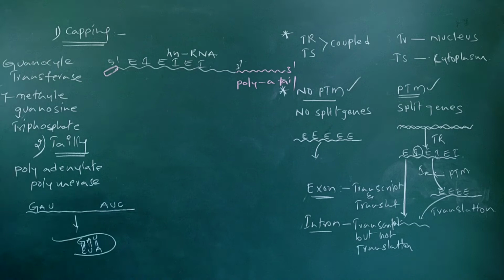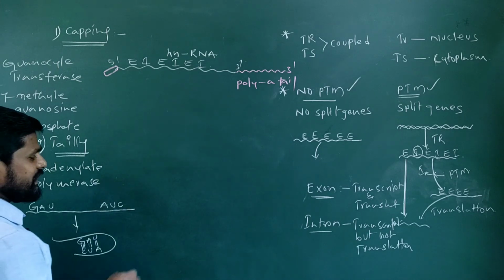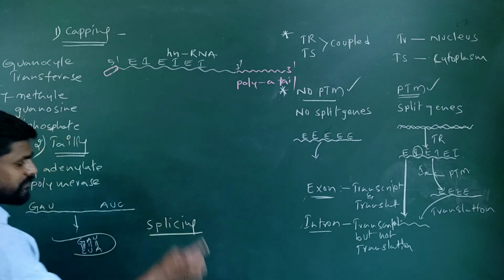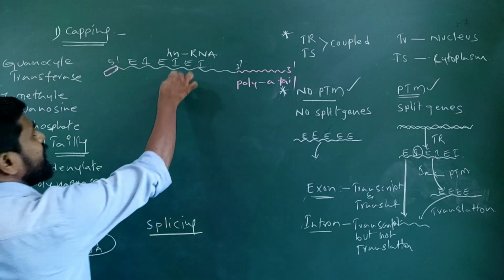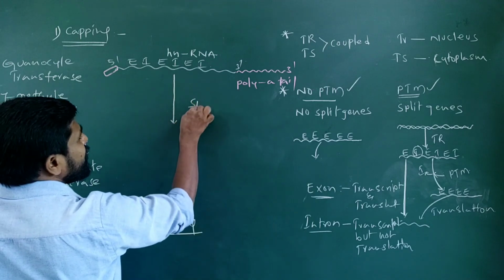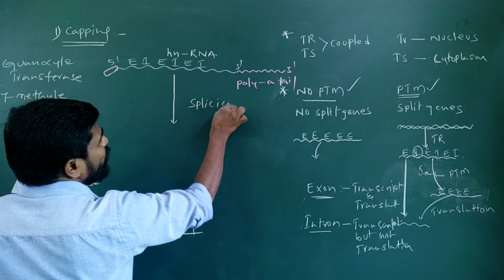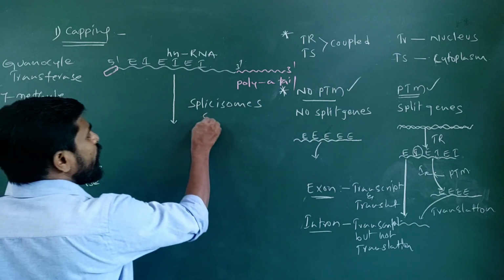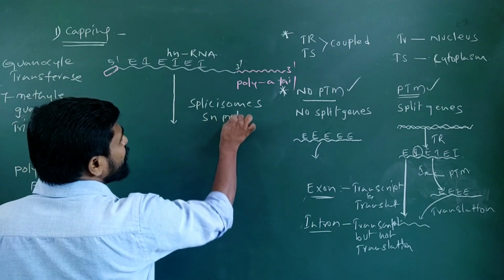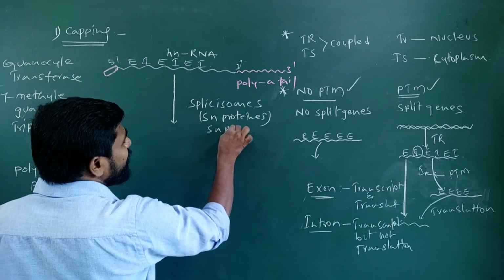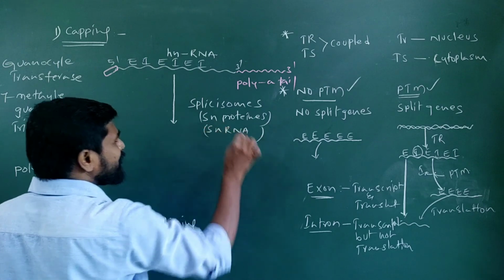And the third event of post-transcriptional modifications is splicing. The splicing requires a special type of proteins called spliceosomes. These spliceosomes consist of small nuclear proteins and small nuclear RNA molecules.